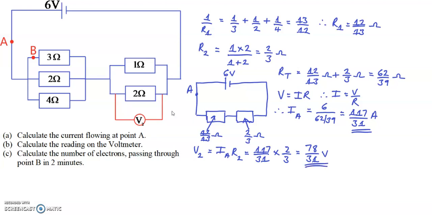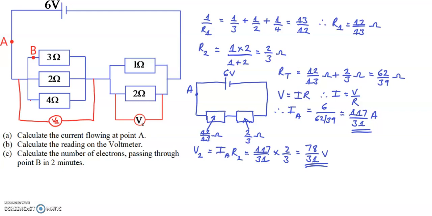Now for part C, first of all we need to find the voltage across these three resistors in parallel. So basically here. If you call that V1, we need to find V1.